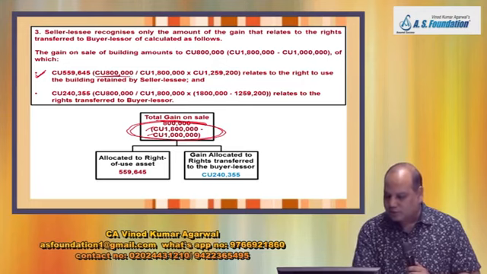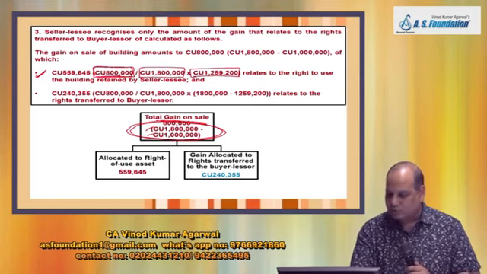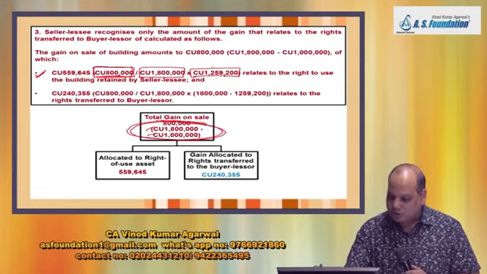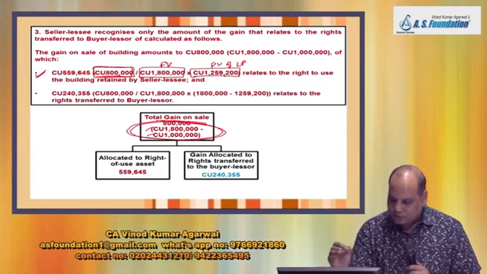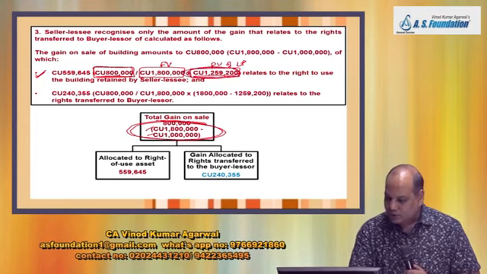8 lakh is the gain, multiplied by 12,59,200 divided by 18 lakh. 12,59,200 is the present value of lease payment and 18 lakh is the fair value. So this portion I have retained out of 18 lakh.